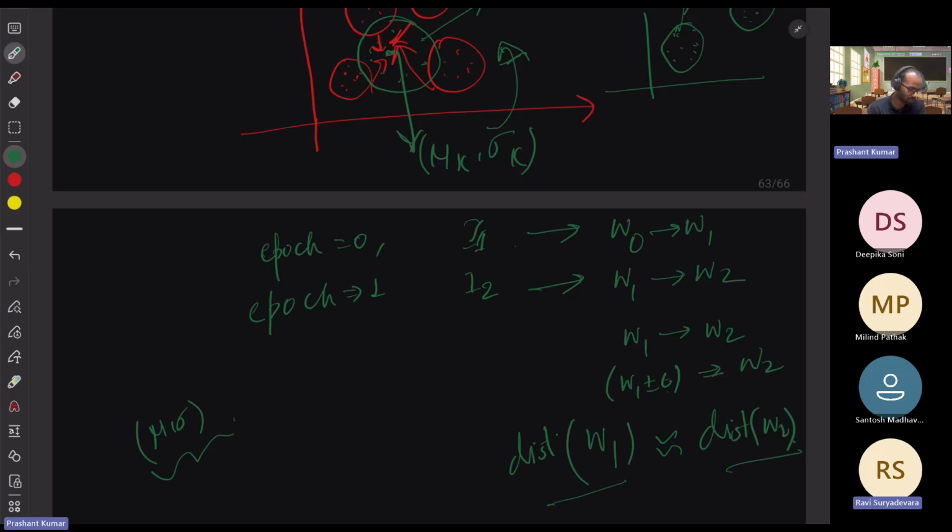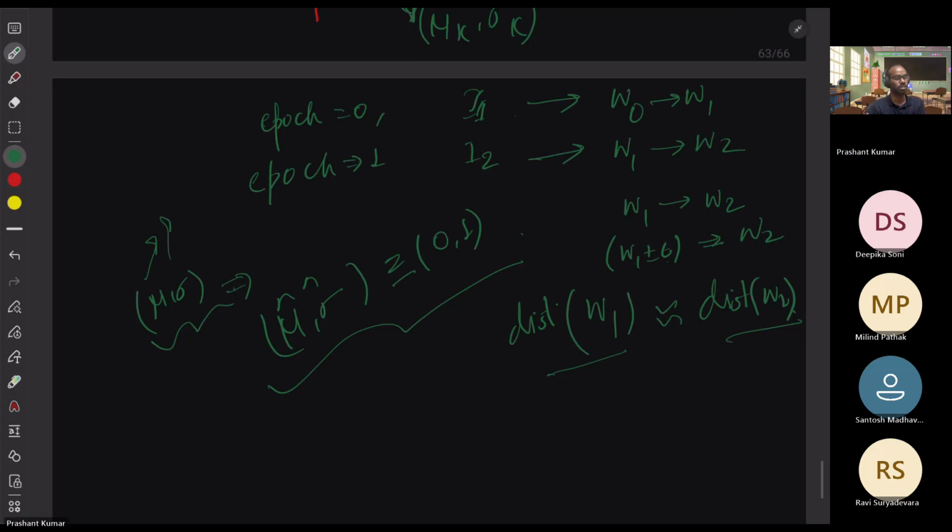If I have normalized this, whatever data I had with this mu and sigma, my new mu and new sigma will become 0 and 1, right? Yes. Sorry, mean is 0 and sigma is 1.